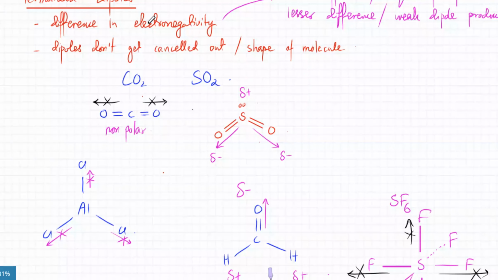One is that either there is no difference. I mean, a lone pair has nothing to do with the polarity. Lone pairs determine the shape of a molecule. Okay? So it has nothing to do with the polarity. It just determines the shape of a molecule. Okay? How would the molecule look? A molecule will be non-polar either if there is no difference in electronegativity or the dipoles are getting cancelled out, कि वो shape इस तरीके की है कि the dipoles get cancelled out. ठीक है, इन दो केसेस में ना मॉलिक्यूल नॉन पोलर होगा.